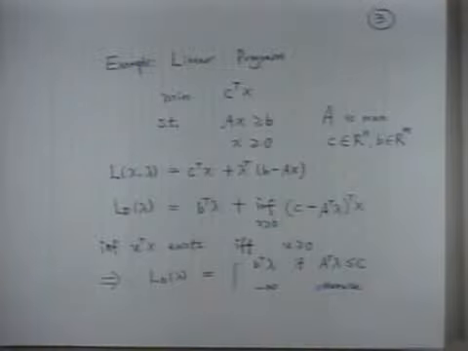This is the inner product between some vector u and x. I want to find the minimum. When would that exist?